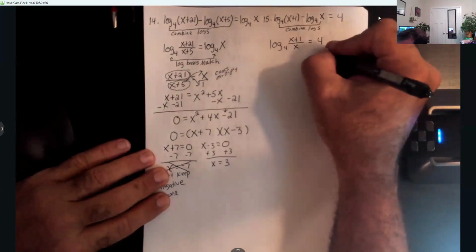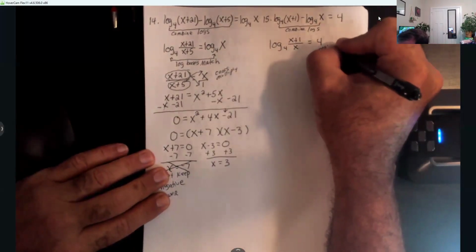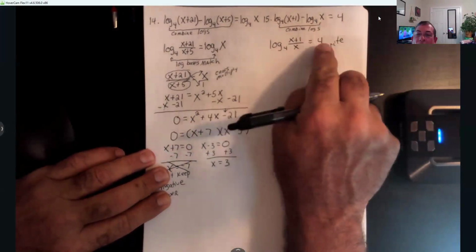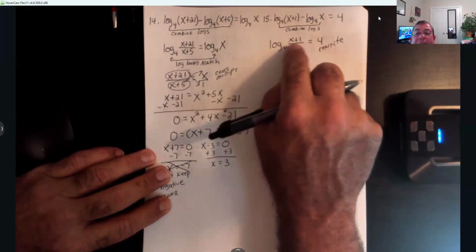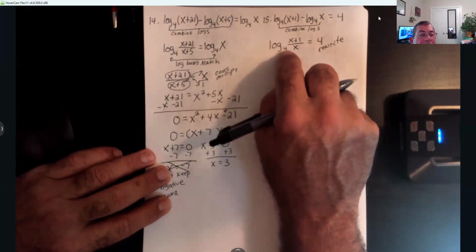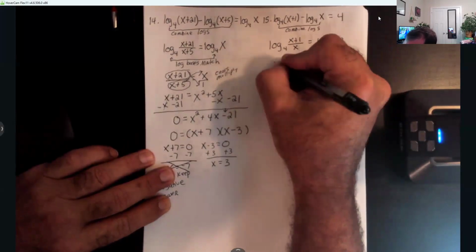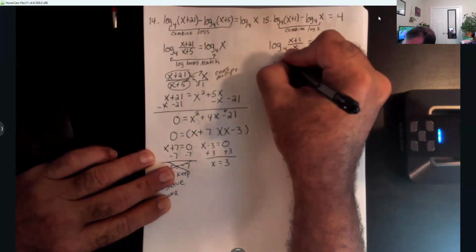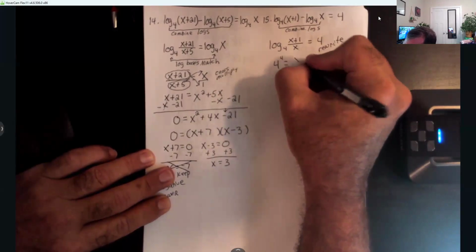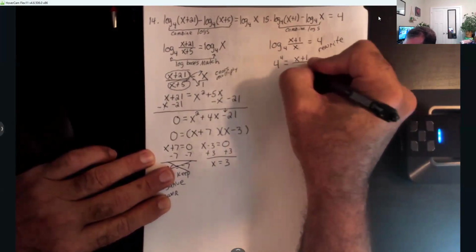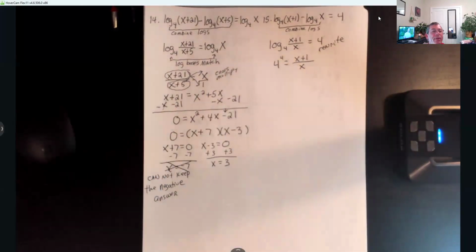Good job. So we're going to rewrite, remember, when we don't have a log on both sides, we got to rewrite it as exponential. So my base is 4. My exponent is 4. And that's going to equal x plus 1 over x. Good job.